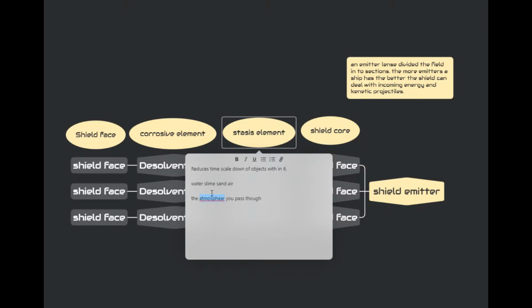Let's not talk about it in terms of the atmosphere you pass through. Okay, let's not say reduces, affects the timescale of an object within it.